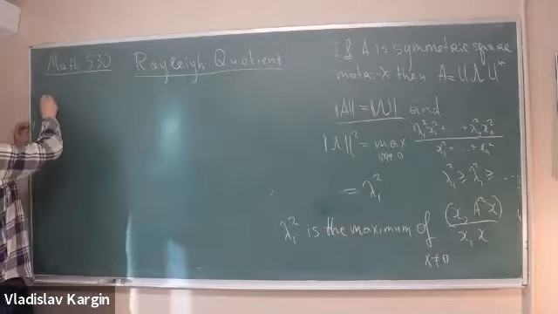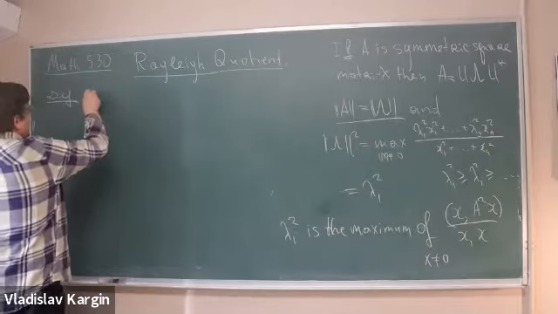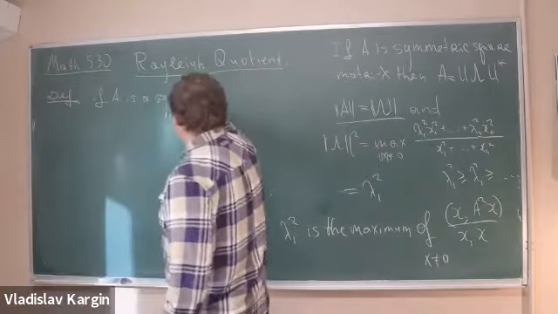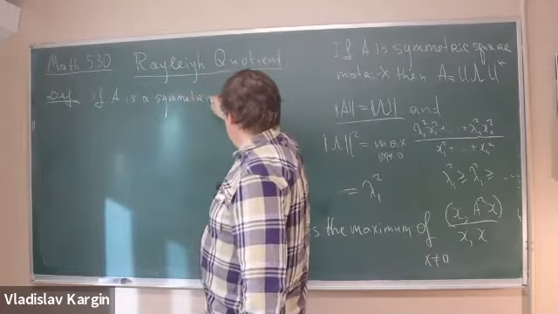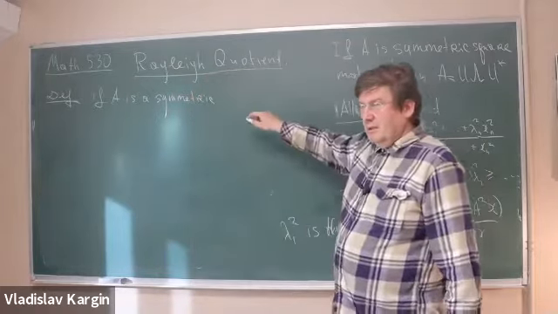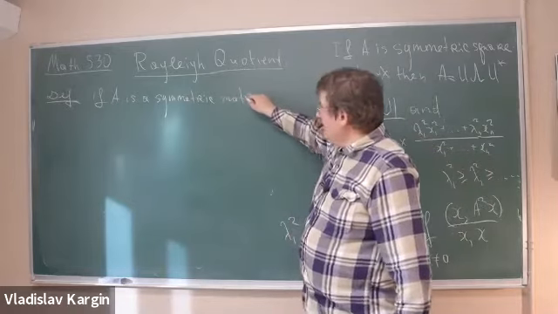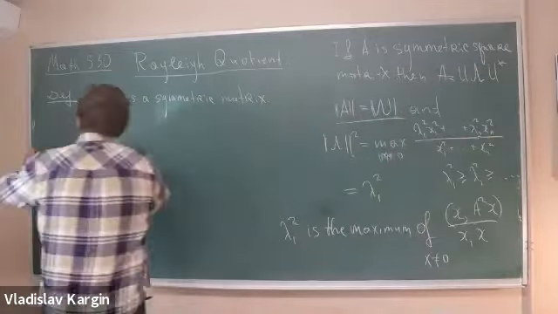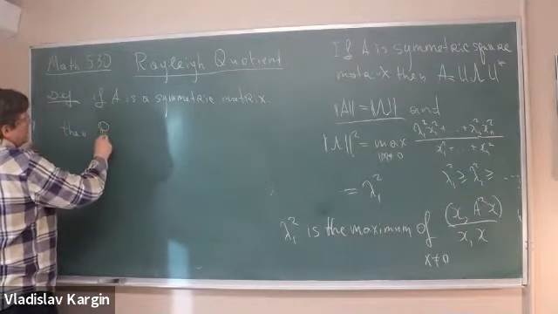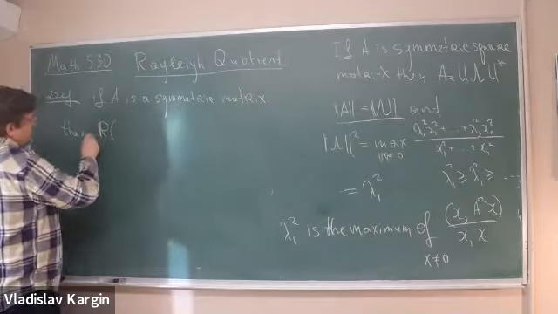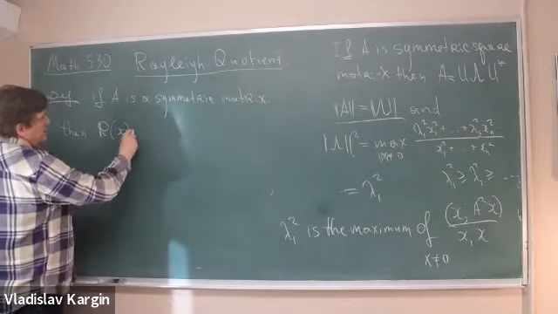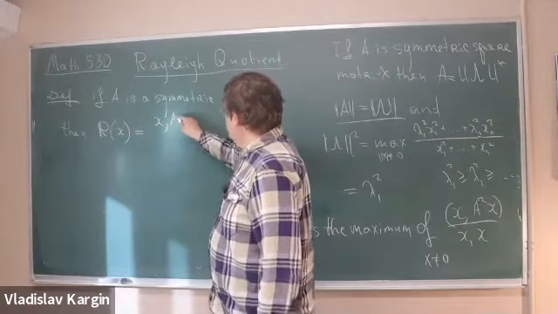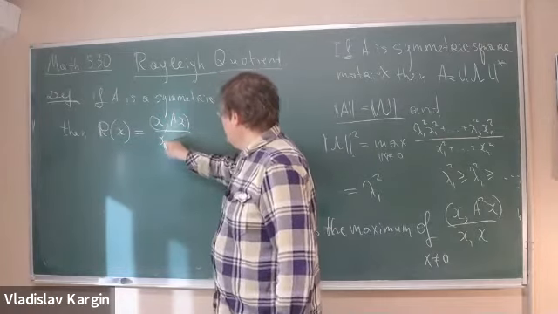So, definition. If A is a symmetric matrix, in general a Hermitian matrix, but here we're looking at the real case, then R of x is by definition equal to x transpose A x divided by x transpose x.